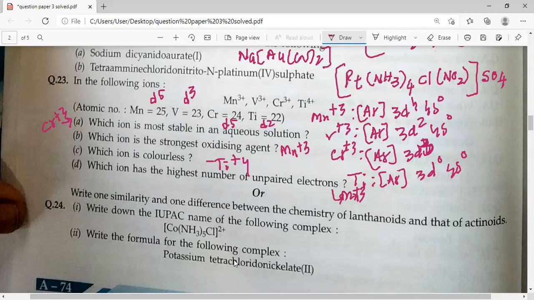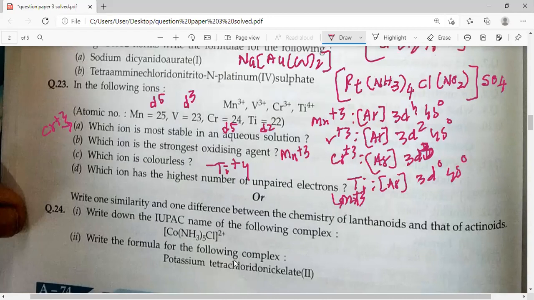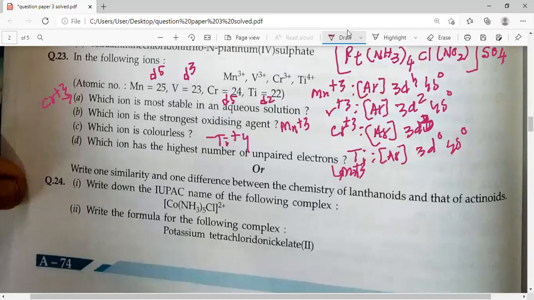So 2 electrons go from 4s and 1 electron goes from d. So it becomes Mn3+ is argon 3d4. Vanadium 3+ is argon 3d2. Chromium 3+ is argon 3d3 4s0. And titanium 4+, my dear students, is argon 3d0 and 4s0. So there are no electrons available in titanium 4+ at all. There is not even a single electron present in titanium 4+.